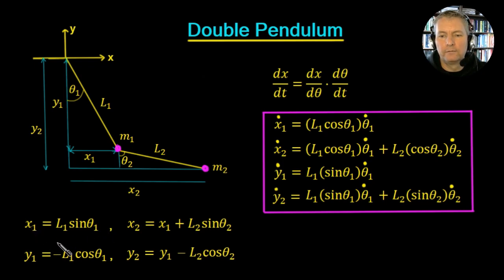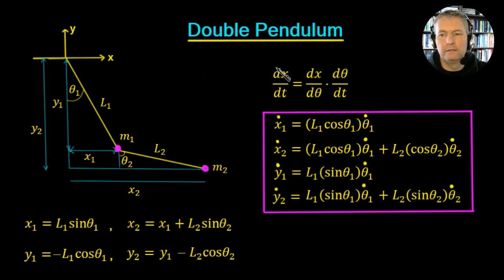So what we're going to have to do is differentiate them. But of course the velocity is with respect to time. So we can see here that, for example, x1 is going to be a function of θ1. But θ1 in turn is going to be a function of time. So therefore whenever we differentiate these, we're going to have to use the chain rule.